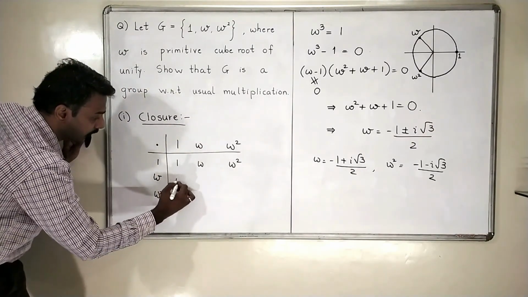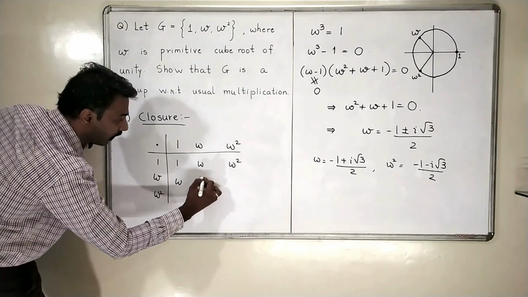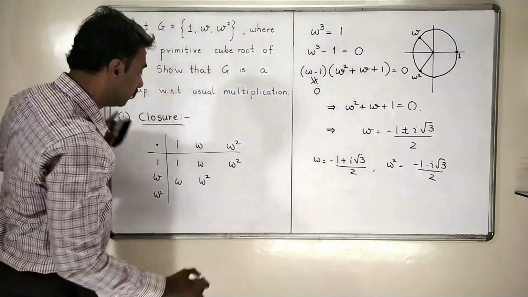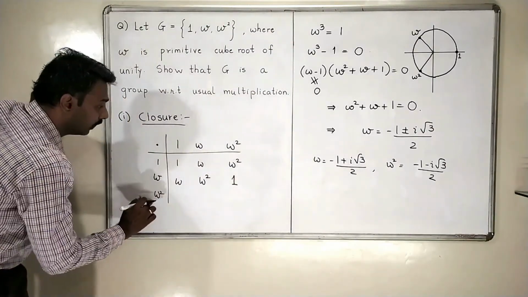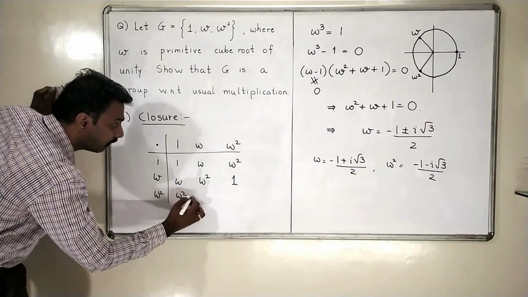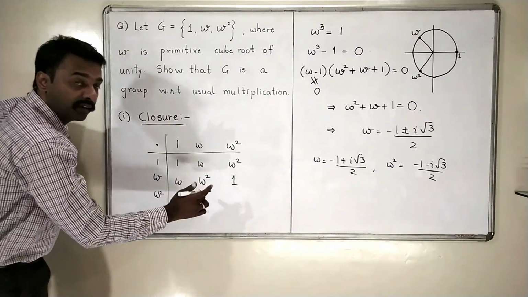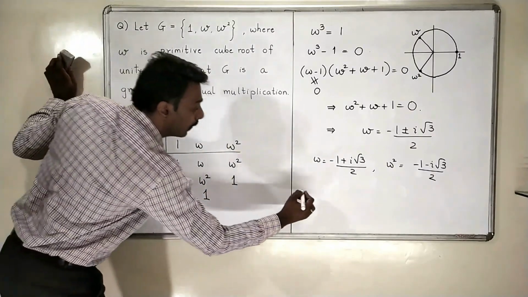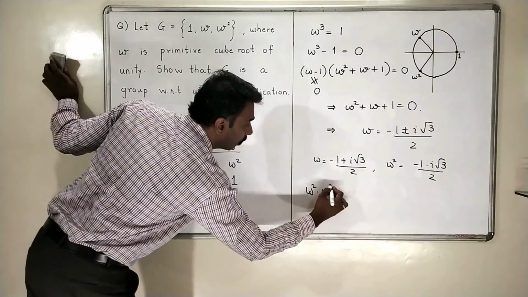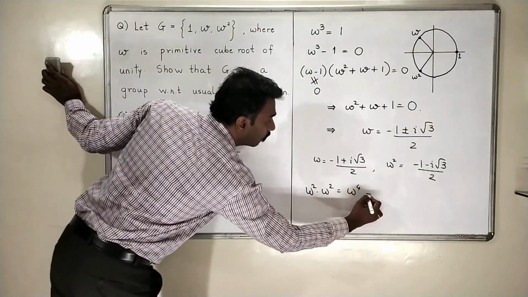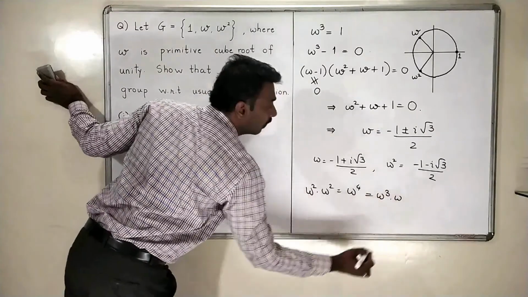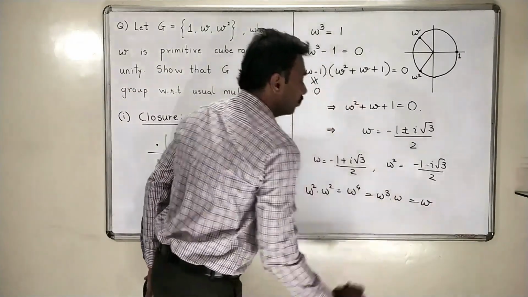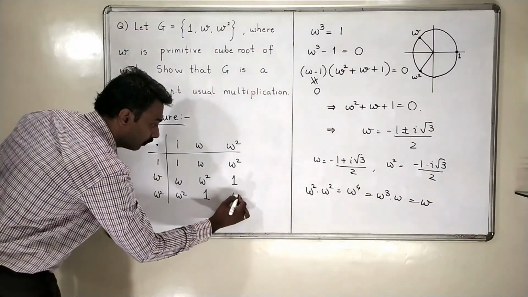Again omega into 1 is omega, omega into omega is omega square, omega into omega square is omega cube, but omega cubed is 1, so I will write a 1 here. Then omega square multiplied by 1 is again omega square. Omega square into omega will be omega cube, which will be 1. And omega square into omega square is omega raised to 4, but omega raised to 4 is omega cube into omega, and omega cube is 1. So this will remain only omega. So here you get omega.